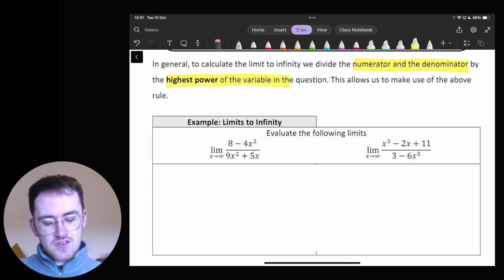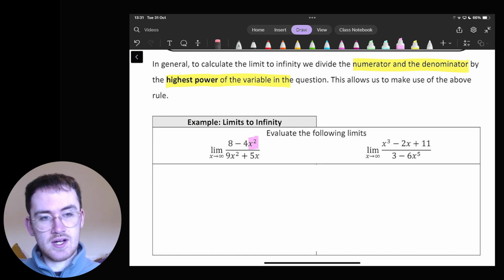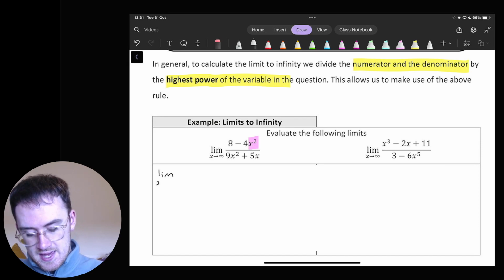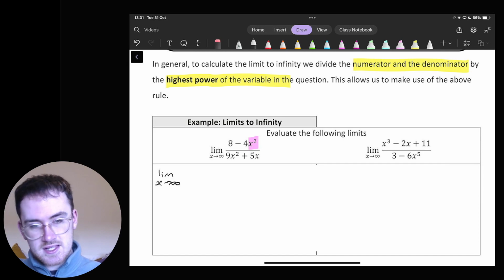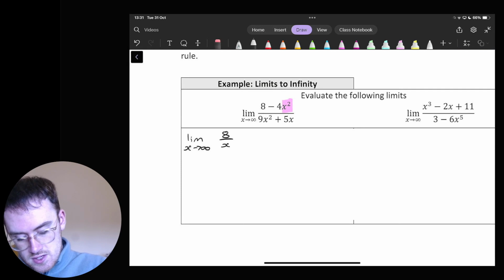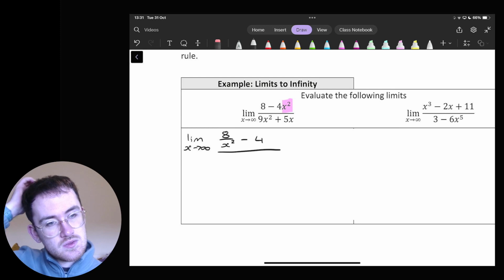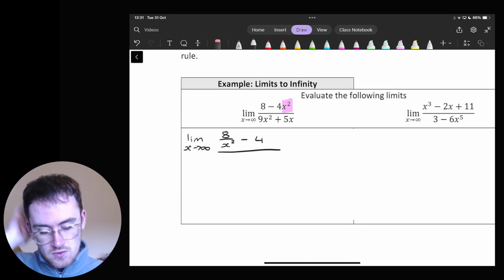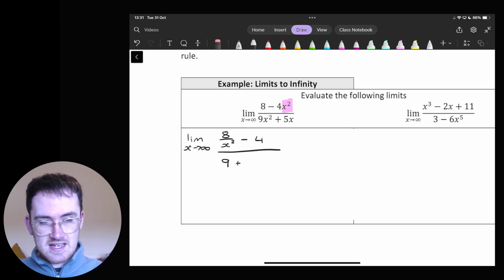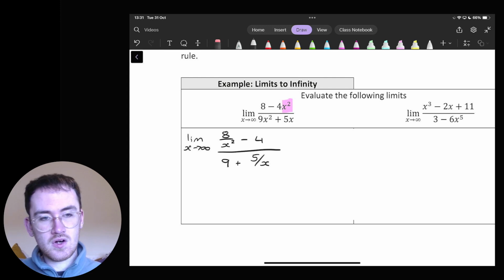So looking, say, at this first example here, I can see that the highest power of the variable is the x squared here. So I'm going to divide the top and the bottom of my fraction by x squared. So I'm getting the limit as x goes to infinity of 8 over x squared minus 4, because 4x squared divided by x squared just gives me minus 4. 9x squared divided by x squared just gives me 9. The 5x divided by x squared is going to end up just being 5 over x.